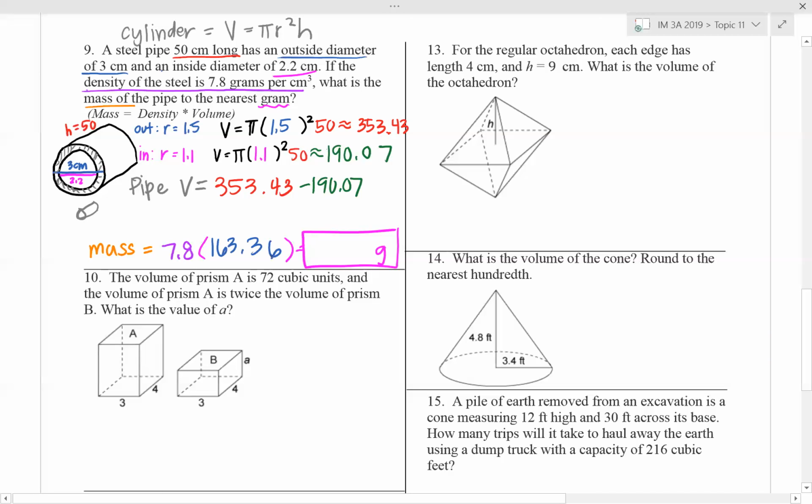So if I multiply 163.36 times 7.8, that gives me 1,274.2. So that's going to round to 1,274 grams, which is the answer for number 9.